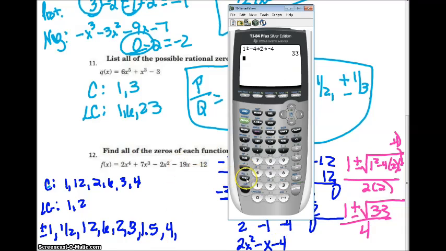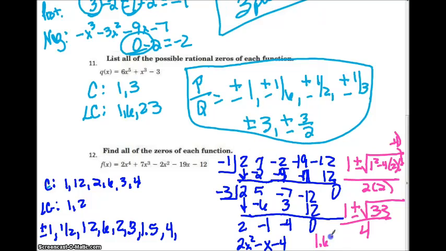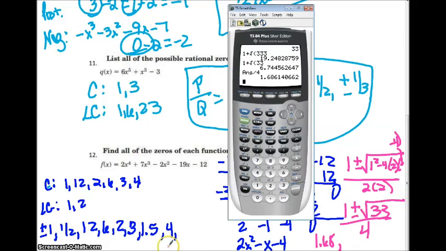So using your calculator, you would say 1 plus the square root of 33, enter, divided by 4, and 1.68. And then you could say 1 minus the square root of 33 divided by 4, and you would get negative 1.19.